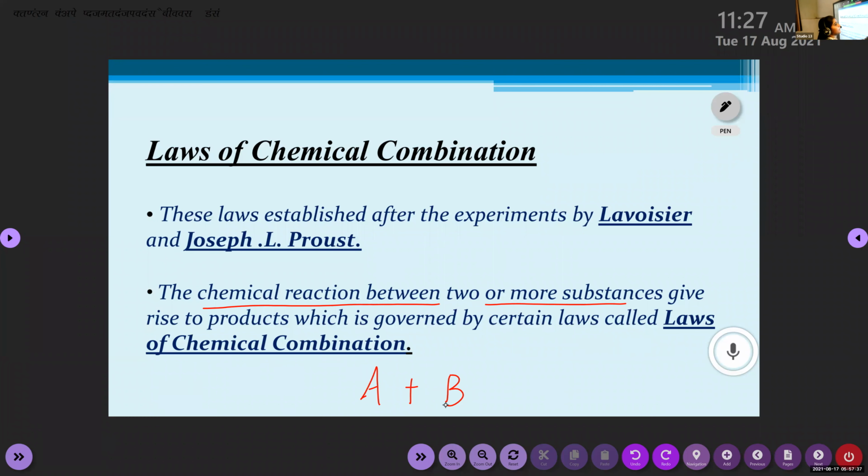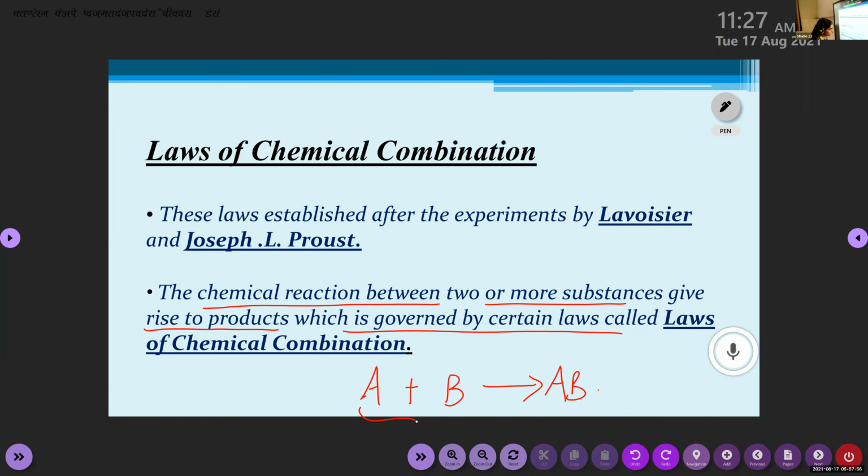These laws of chemical combination are certain laws that govern chemical reactions. The chemical reactions between two or more substances give rise to products. It is governed by certain laws. These laws are known as laws of chemical combination. So A plus B giving AB.